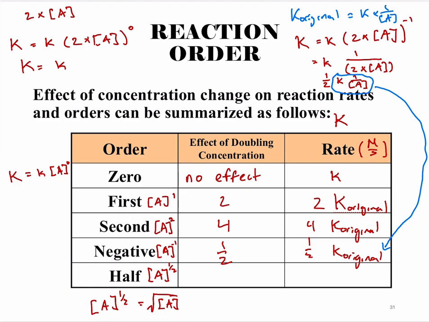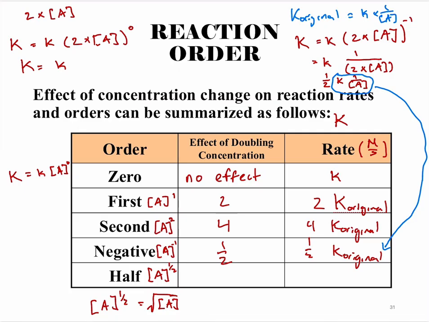Right, so this is lowercase k. This k times 1 over A, that's our original.